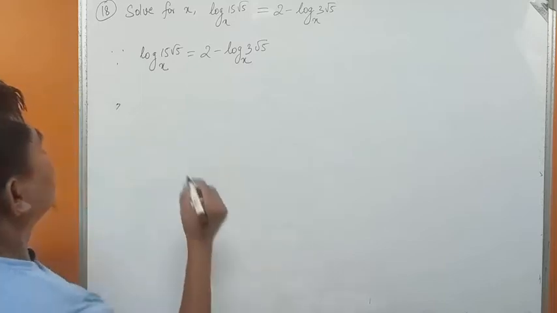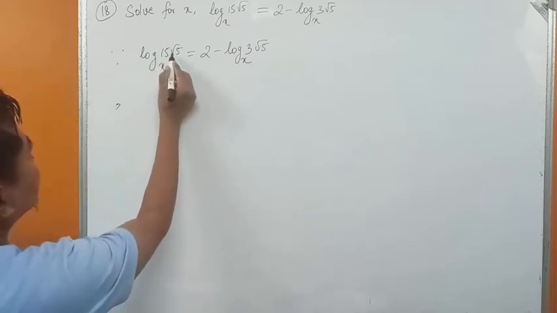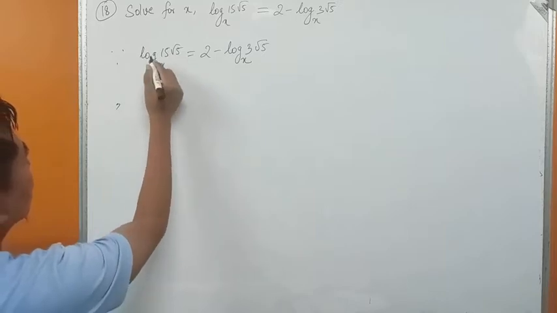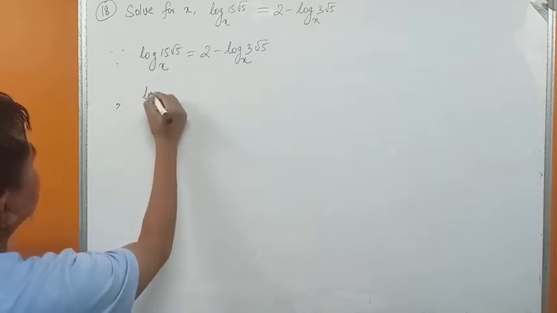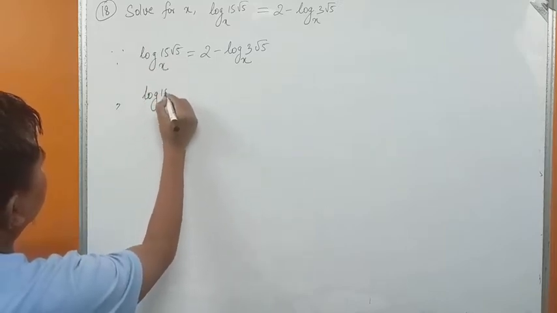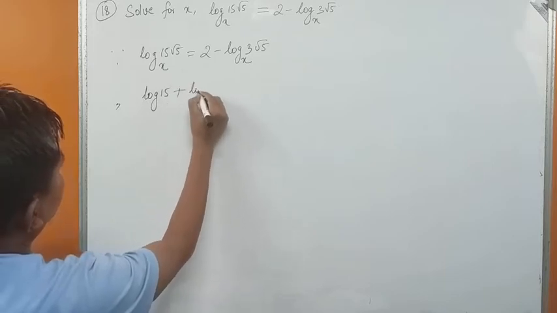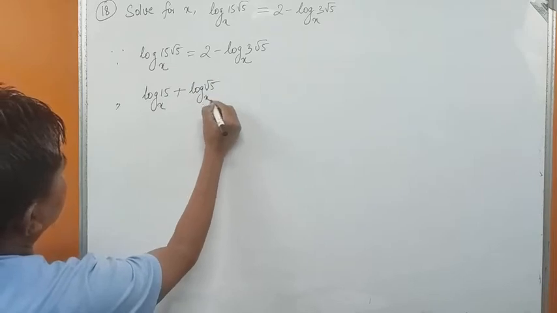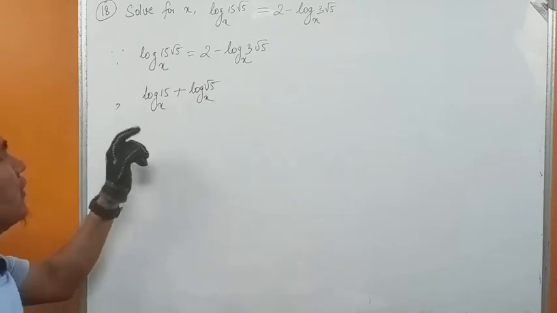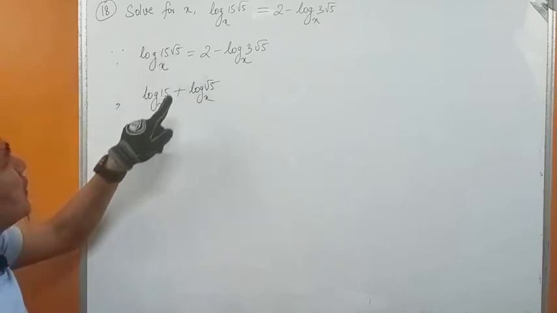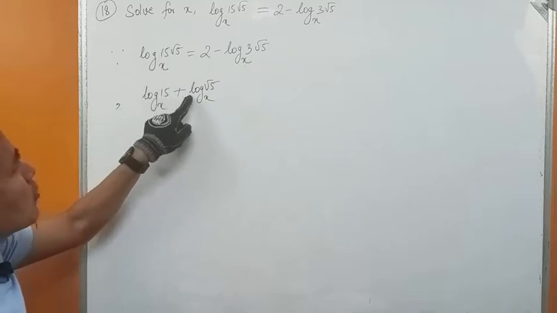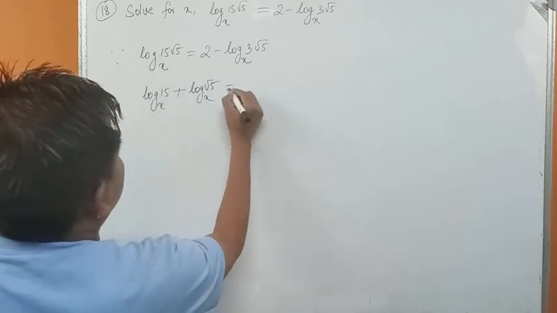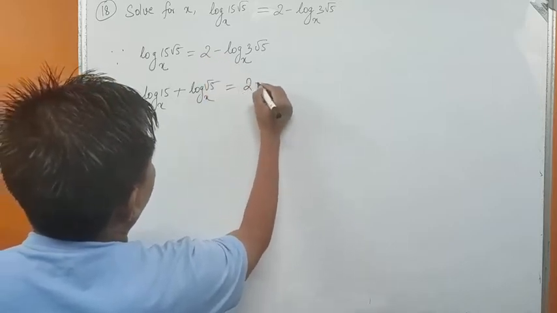Now, log a into b to the base x means log a plus log b, isn't it? Base is x. Base should remain same. Log a into b equals log a plus log b to the same base x. Equals, we have 2 in the right hand side minus.